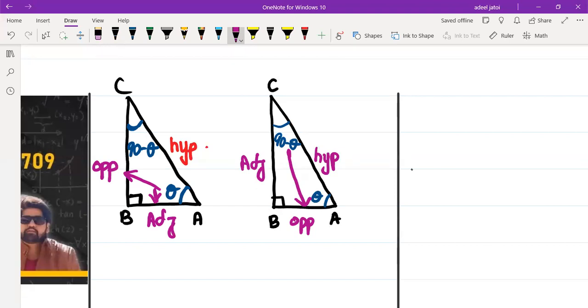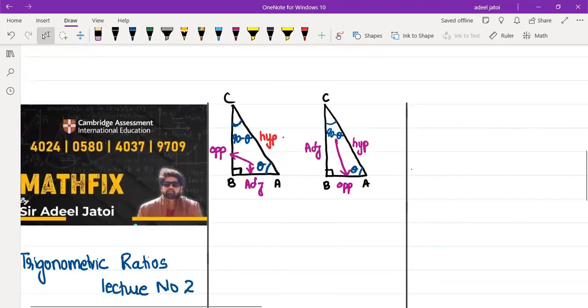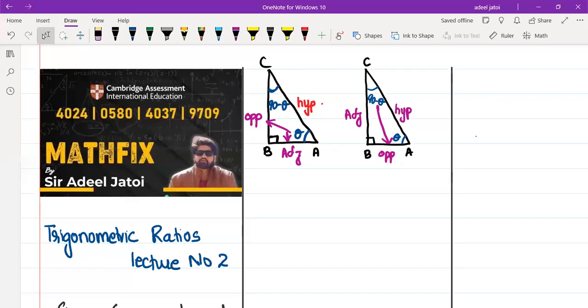Opposite to the angle will always be opposite. The most important thing is that the angle will decide the opposite side.